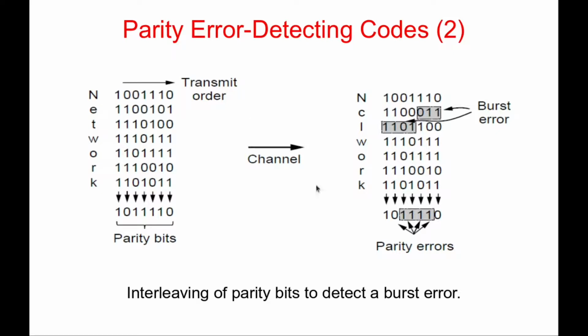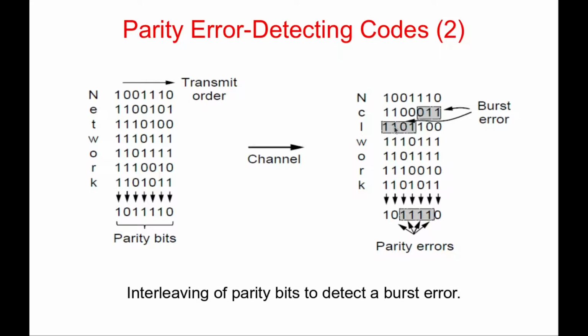Now, while in the transmission, we are now checking what happens if burst error occurs. Burst error means that there are multiple bits in the transmitted data in error. Multiple bits are in error.